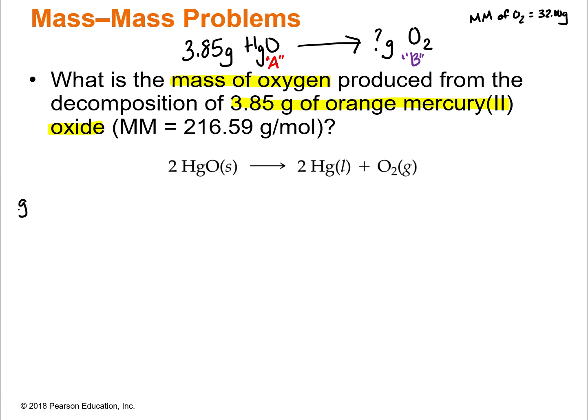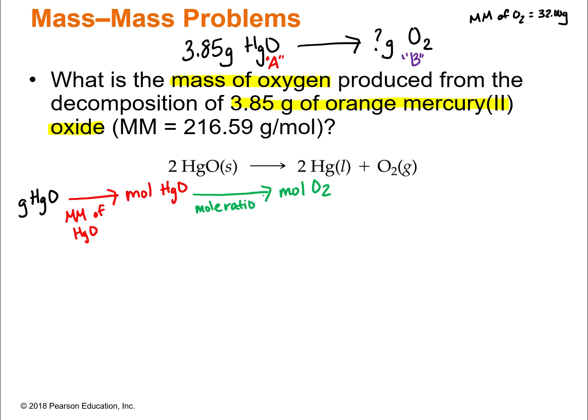Starting with the number of grams of mercury 2 oxide, we're going to figure out how many moles we have using the molar mass. Then we get to the number of moles of oxygen using a mole ratio.